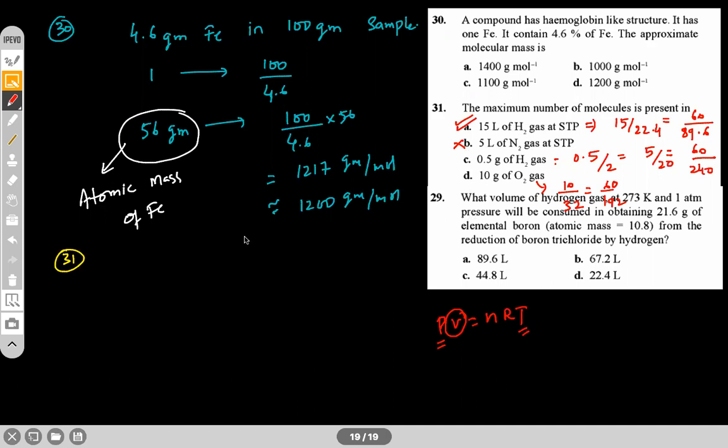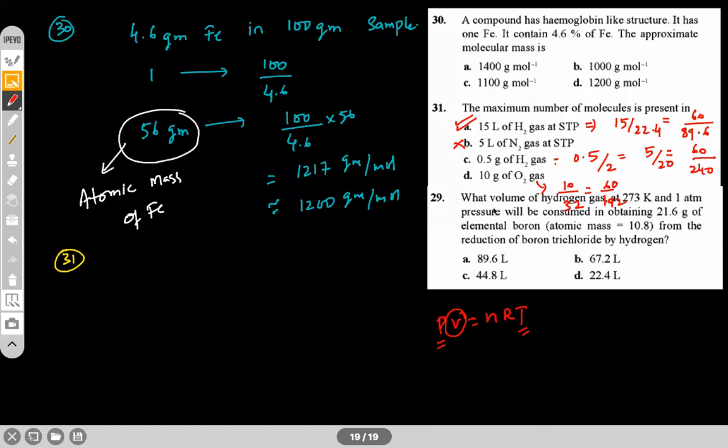You may get the answer coincidentally, that's not a big deal, but that is not the correct way to do it. If it is not given, you cannot assume that. So don't do that.